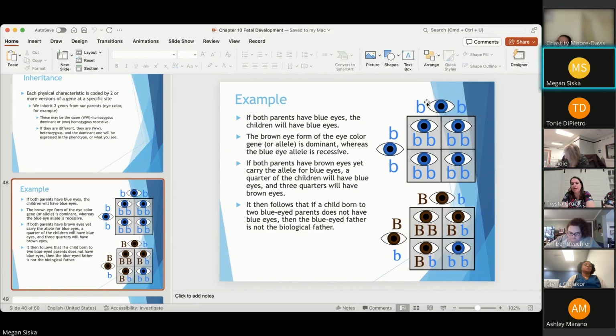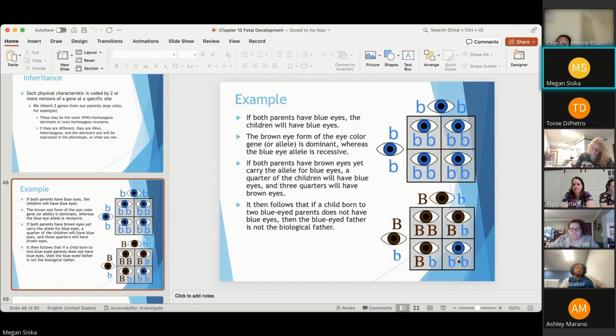So if both of your parents have blue eyes, their children will all have blue eyes because that's just the gene that they carry. They don't have any other gene to pass on. Whereas if your mom and dad have brown eyes, let's say, they could also have that recessive blue eye gene, so that lowercase b here.